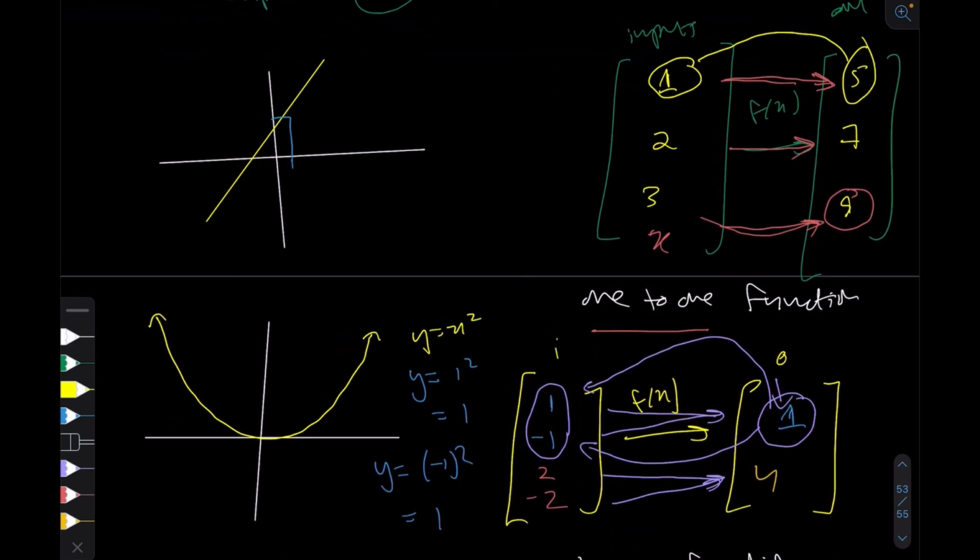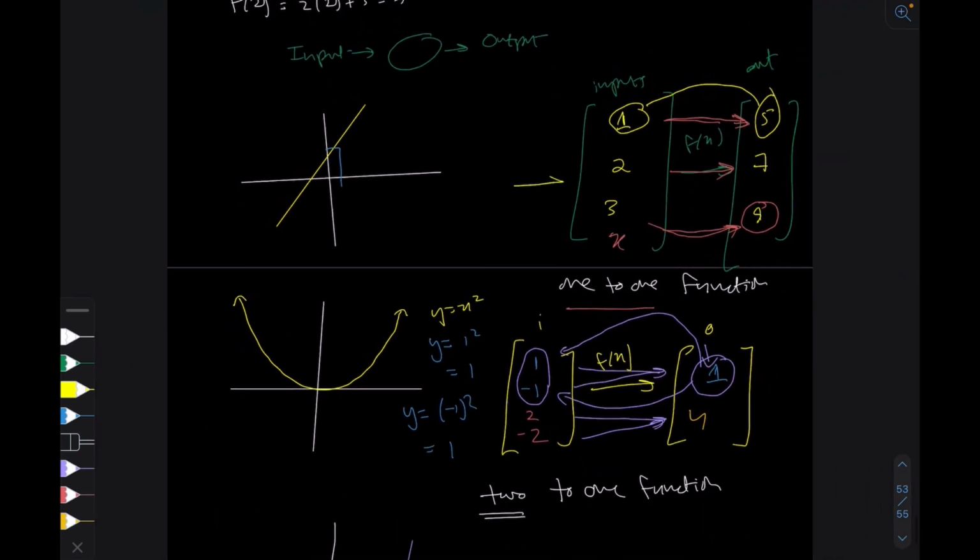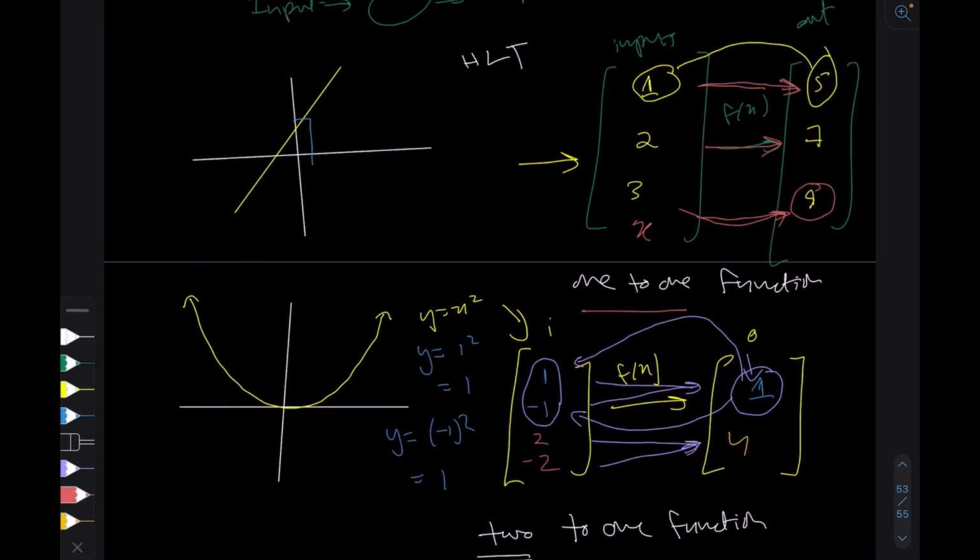So whatever I've done over here and here would be summarized with the horizontal line test. What the horizontal line test says is that if you drop a horizontal line on the graph, you want to see where it intersects, and the maximum number of points it intersects tells you the type of function.